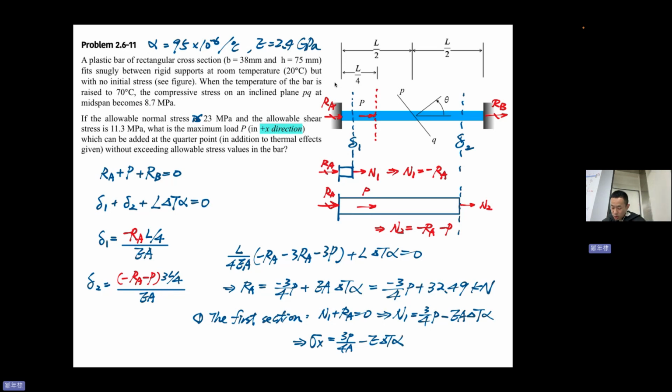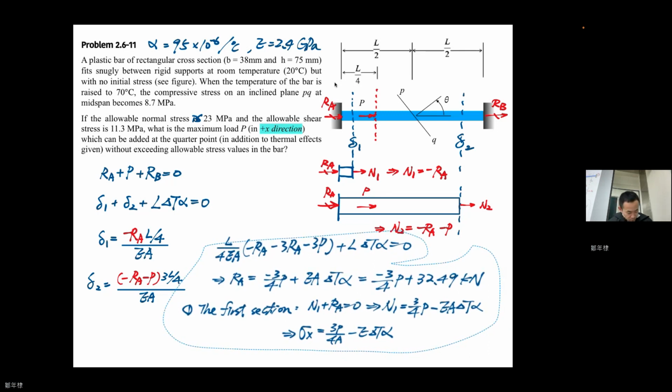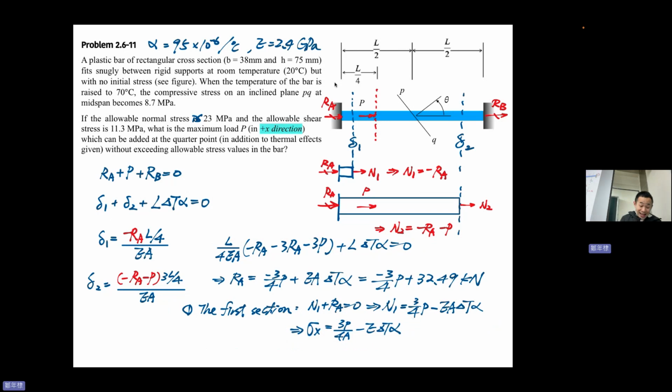Okay, so you can obtain this by substituting all of this, and it needs to be less than 23 MPa, right? Because 23 MPa is the material's limit that the normal stress cannot exceed.